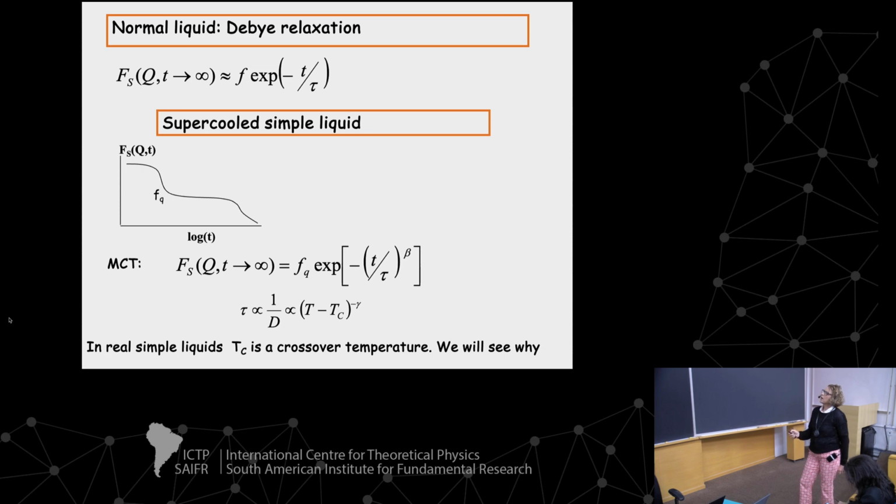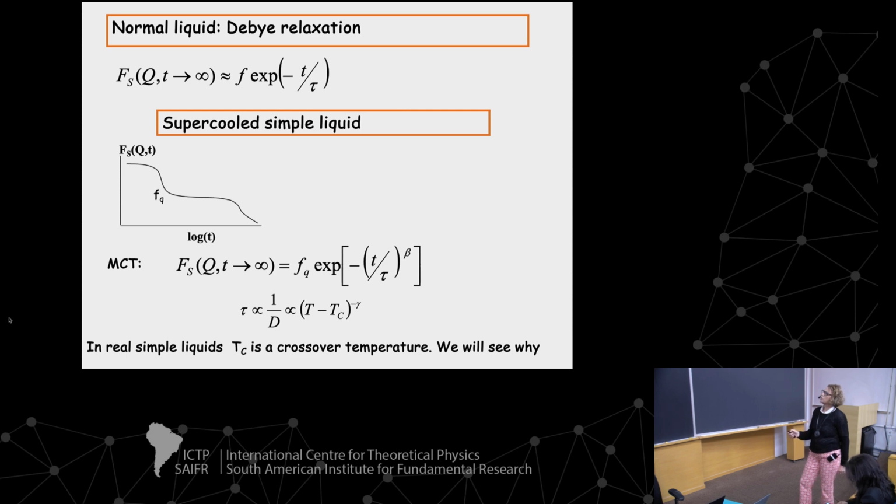Let me remind you that a normal liquid has a Debye relaxation. So Fs of q,t, in the part in which it is no longer Gaussian, no longer ballistic, goes as the exponential of minus t over tau.